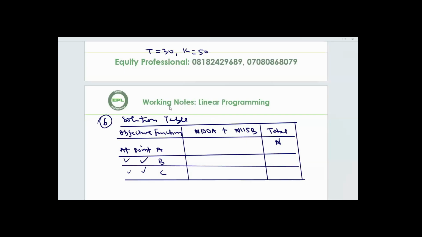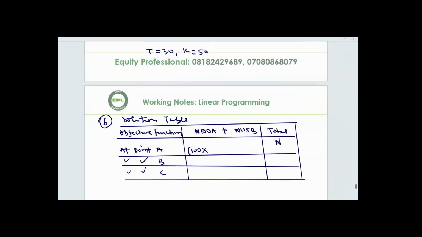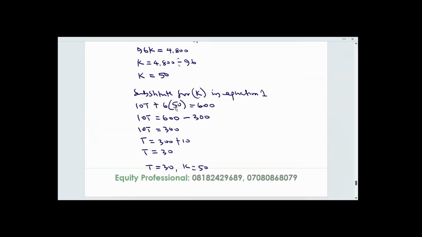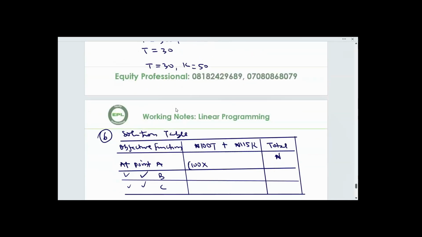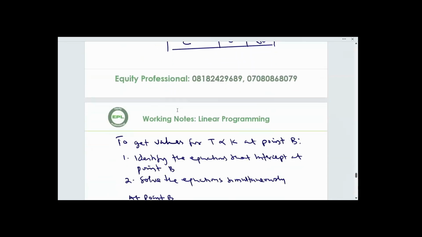So 100 multiplied by quantity of A at point, sorry, this is T, 100 of T, 115 of K. So at point A, T is equal to 60, K is 0.